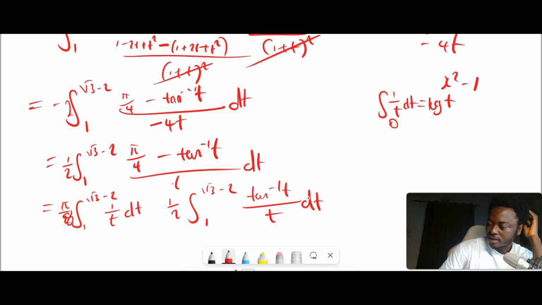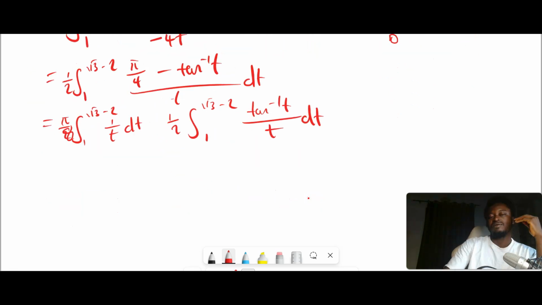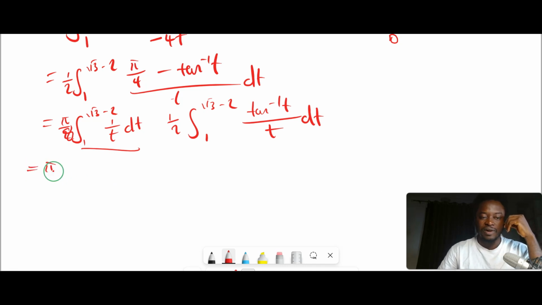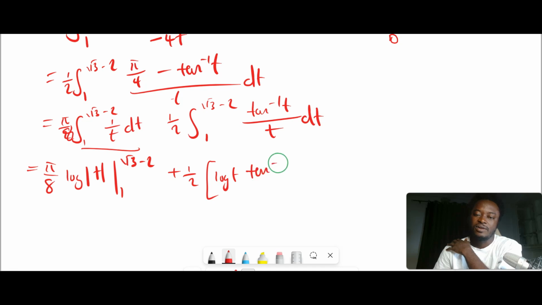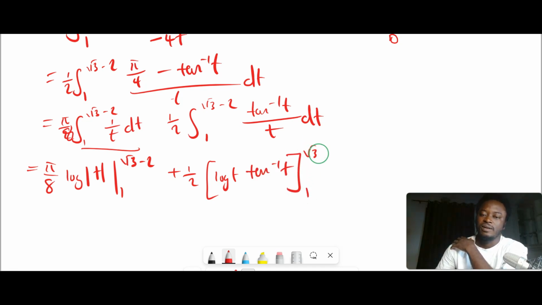Now we have really simplified our problem because you could see that this first one is evident: this is pi over 8, then you would have the logarithm of the absolute value of t as t runs from 1 to square root of 3 minus 2. And this part here, you have half of, let's do integration by parts. So you have log t here, then tan inverse of t from 1 to square root of 3 minus 2.